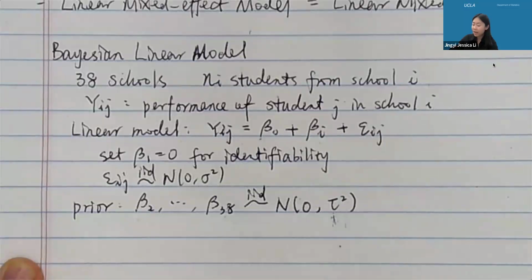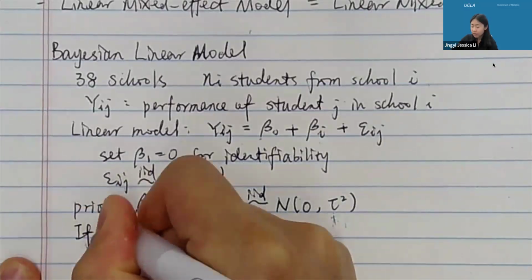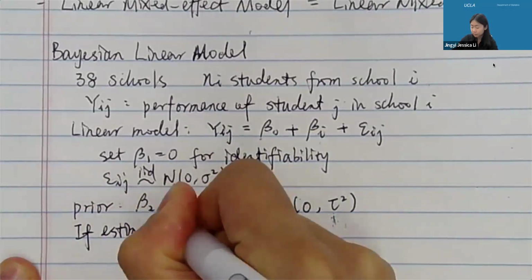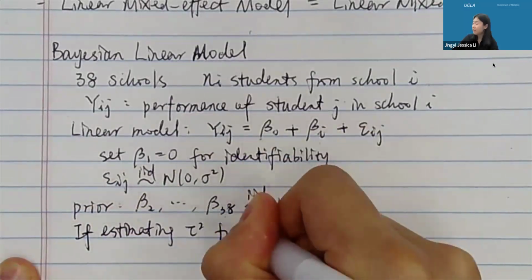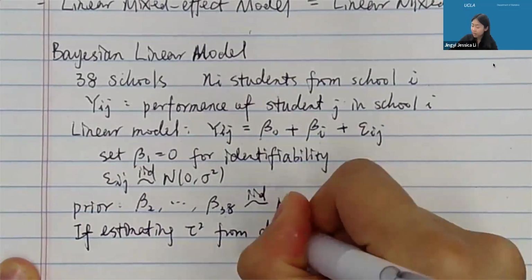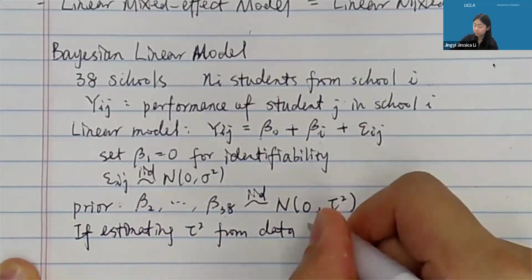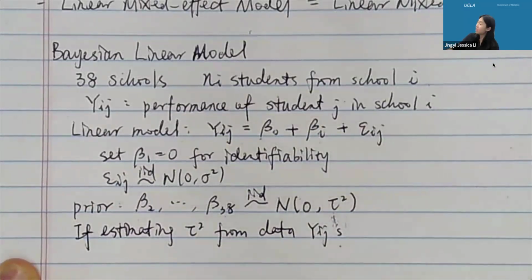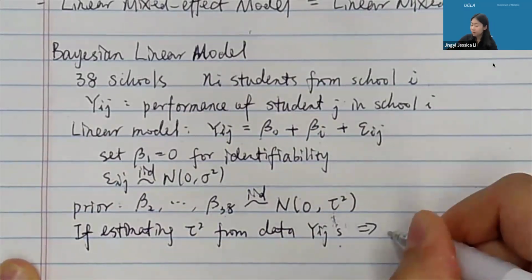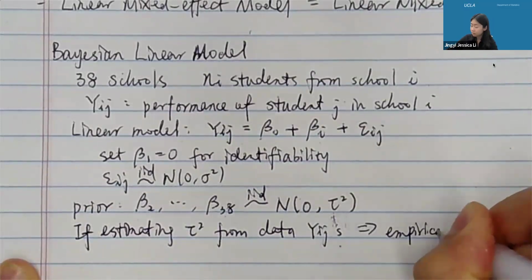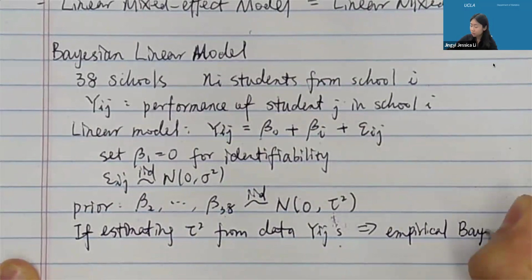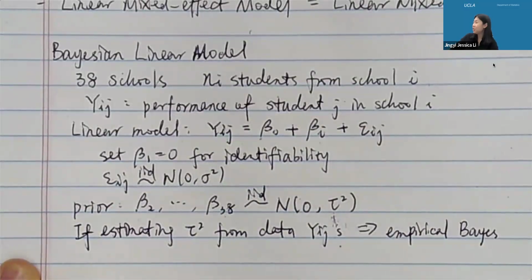So if we are estimating tau square from our data, here basically the Yij's, then this is called empirical Bayes. You might have heard this term empirical Bayes before. What it means is actually not as complicated as the name sounds, I think. Basically, empirical Bayes means that the hyperparameters in your prior are estimated from your data.